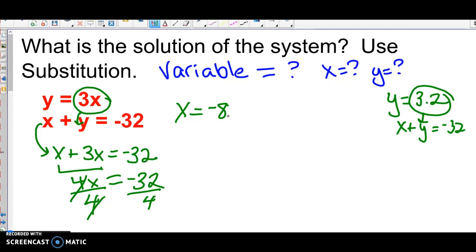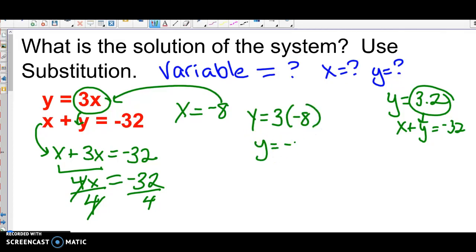Now, remember I need a point, so I also need to know what y is. I can plug in negative 8 for x, and I get y equals 3 times negative 8, y equals negative 24. So I have negative 8 and negative 24.